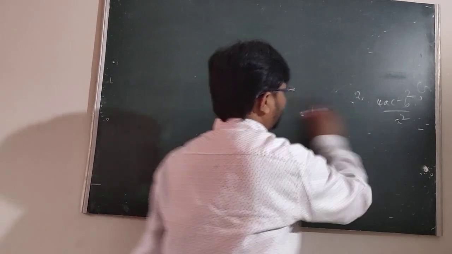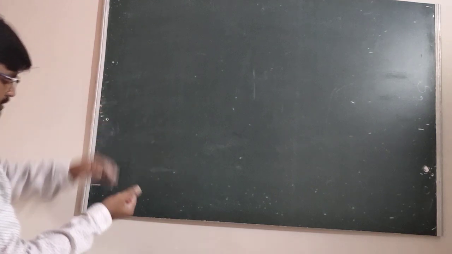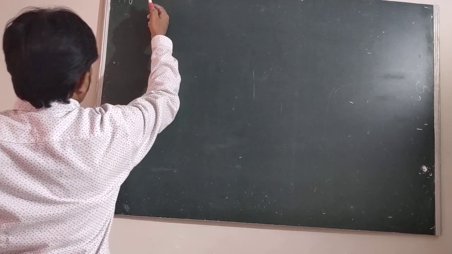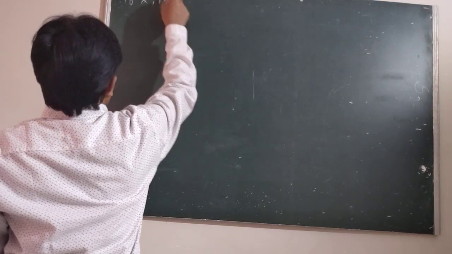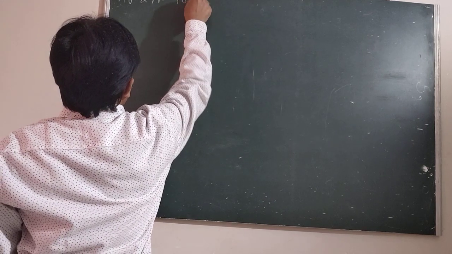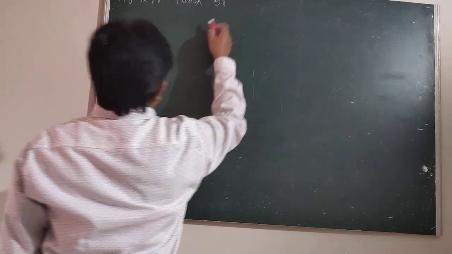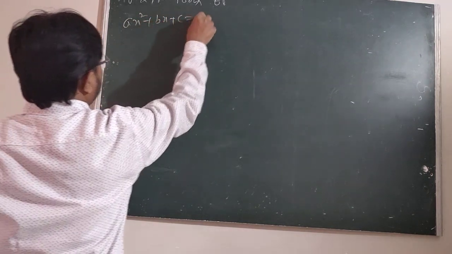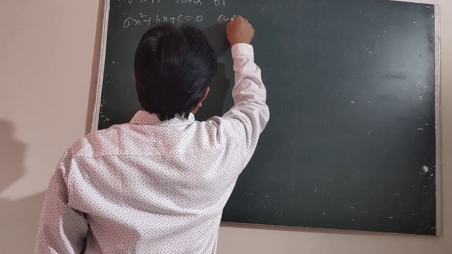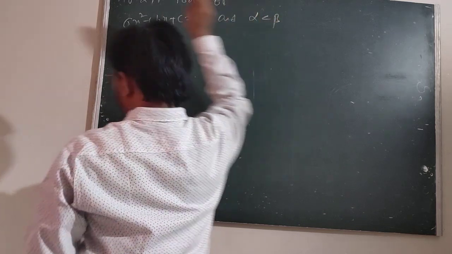So in the third theorem, we are going to discuss two cases. Now the first one is, if alpha and beta are the roots of ax square plus bx plus c equal to 0 and alpha is less than beta.